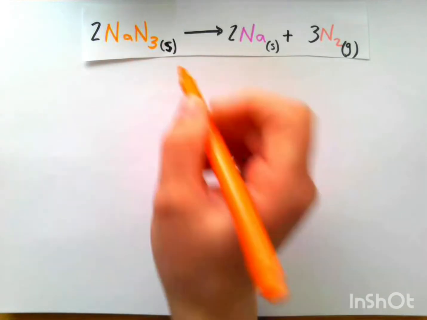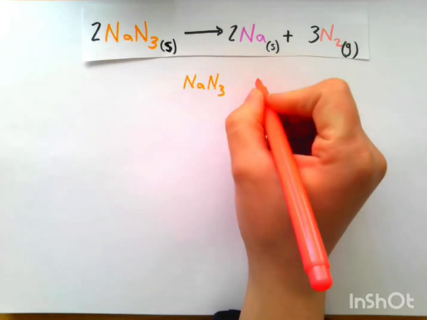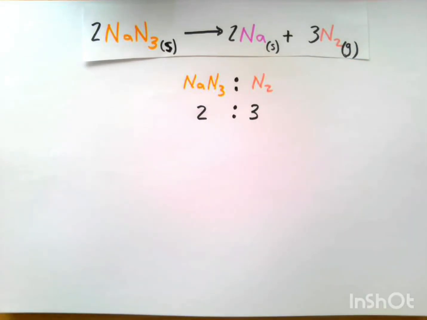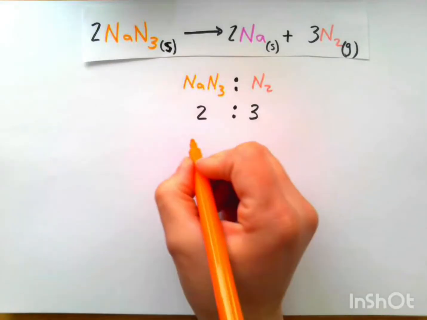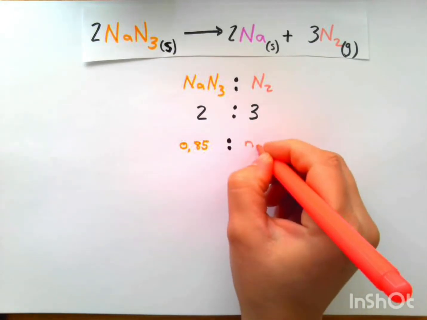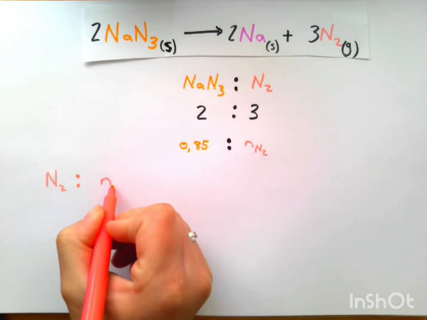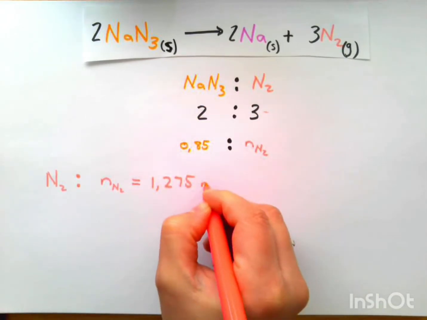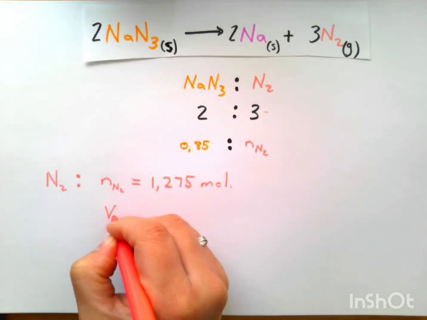Now we want to determine the volume of the nitrogen gas. So the ratio between the two is 2 to 3. So if we have 0,85 mole of sodium azide, then what is the mole of nitrogen produced? And that is then equal to 1,275 mole.